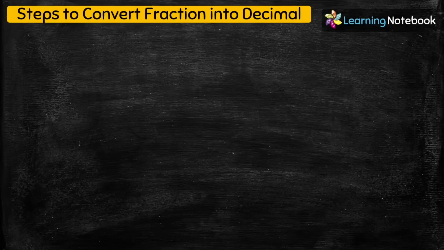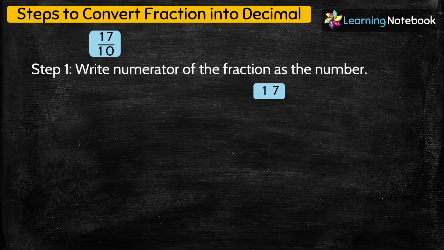The question is convert the fraction 17 by 10 into a decimal. So in step 1, we will write the numerator of the fraction as the number. So here the numerator is 17. So we will write 17 as the number.